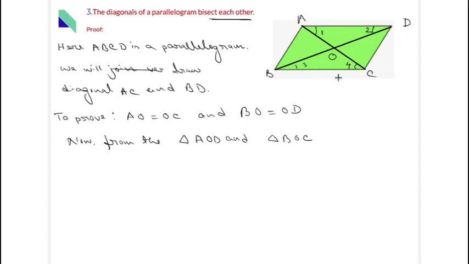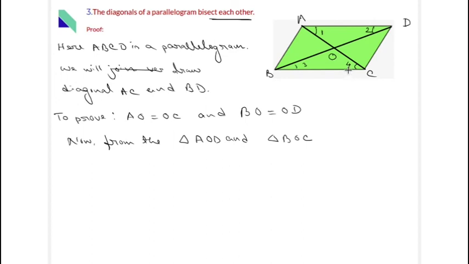Now you will think why we have named only these 4 angles. Because we are talking about triangle AOD, so in this triangle we will consider these three angles only. Okay, so this one is common, so we will not take it. So we are considering the corner angles and we have named them 1 and 2. Similarly, in case of BOC also we have named the angles 3 and 4.